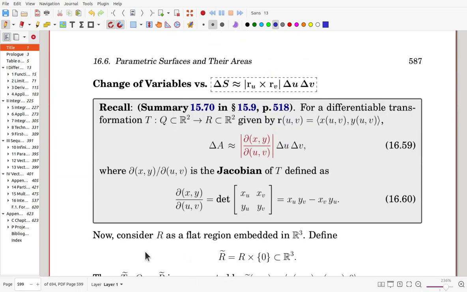Okay. Now let's look at the change of variables and the formula we obtained here.